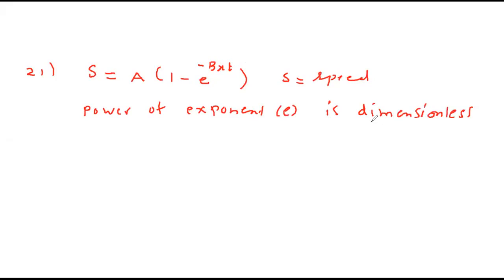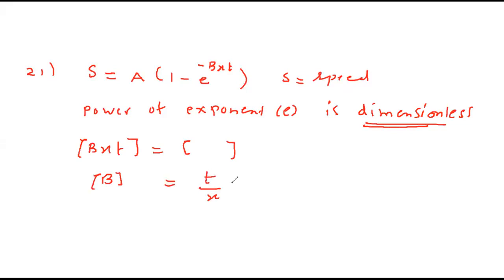If dimensionless means unitless. So I can say bxt is dimensionless. That means B is t upon x ka dimension. They want the unit of B. So unit of B is time ka unit, which is second, and distance ka unit, which is meter.